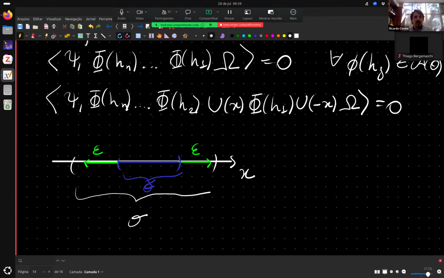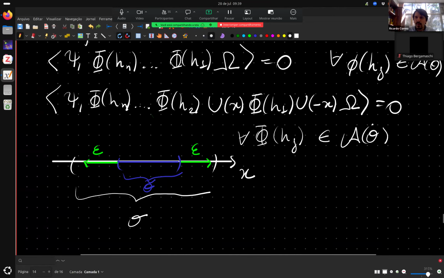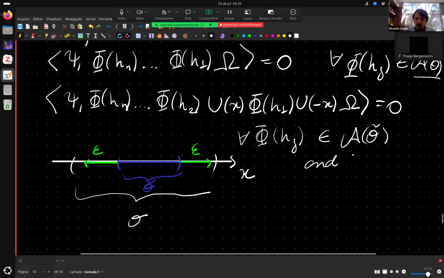So I don't leave the region O, which means this inner product should be 0 for all phi hj in O tilde. So I'm restricting even more. Before it was for all phi which live in the region O, and now I'm taking phi's which live in the region O tilde, and the modulus of X is smaller than epsilon.